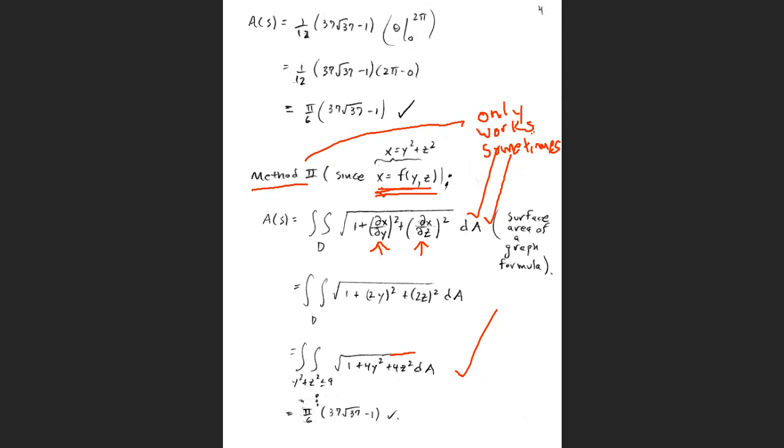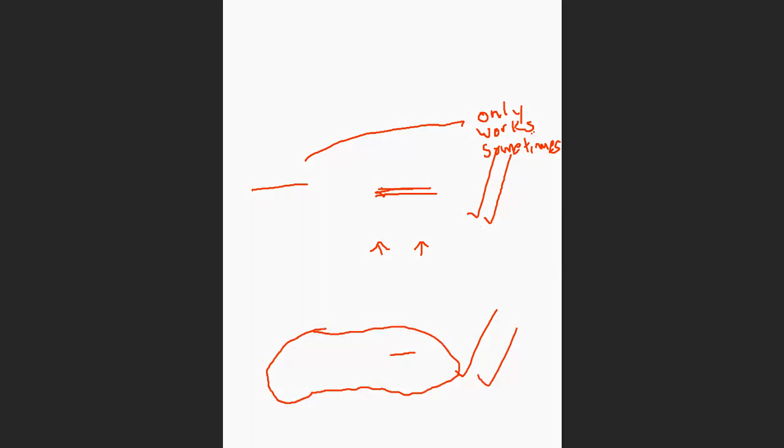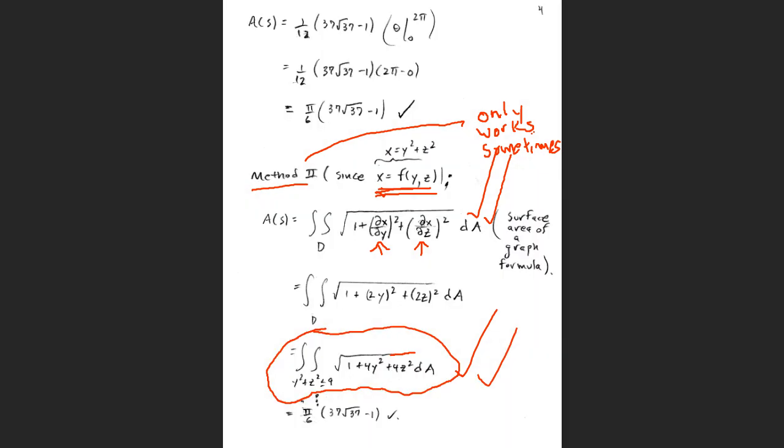And so you work it out, and of course this double integral is exactly the double integral that we got when we used the first method, where we parameterized the surface. And of course, you're going to get pi over 6 times 37 root 37 minus 1.